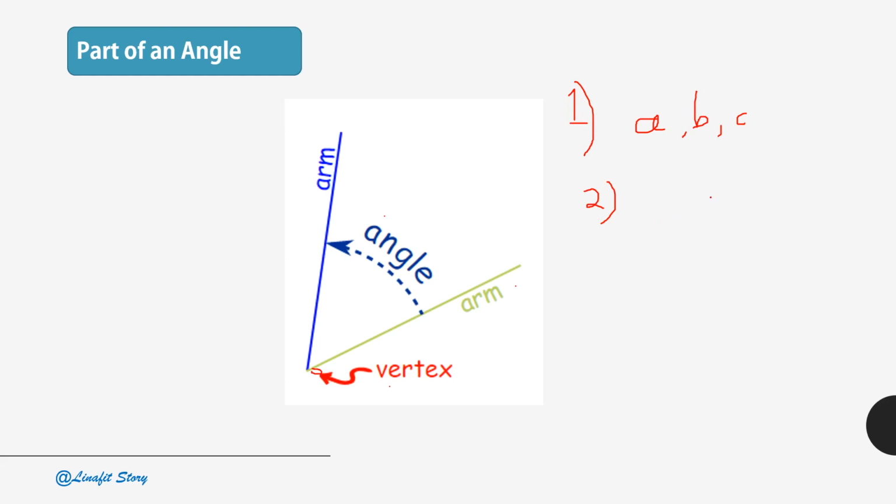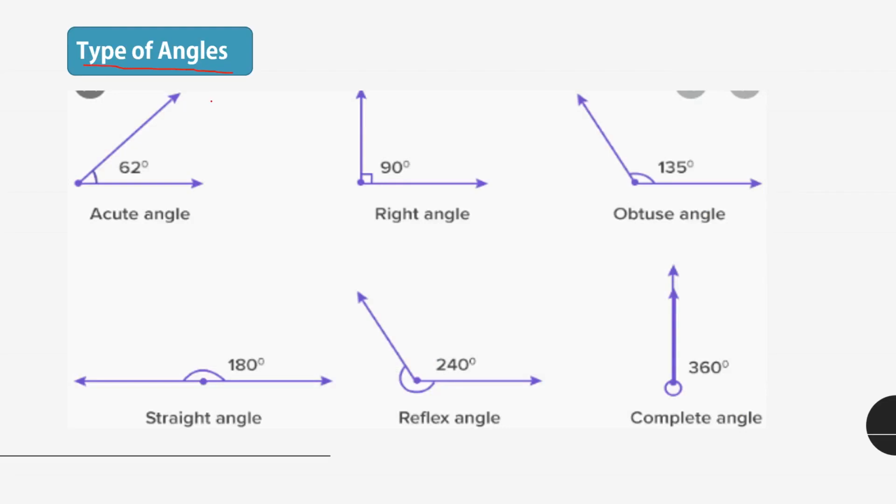So for example here, this is A, this is B, this is C. This is the angle A, or angle BAC, or angle CAB.